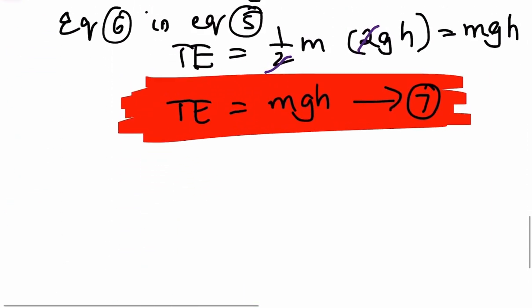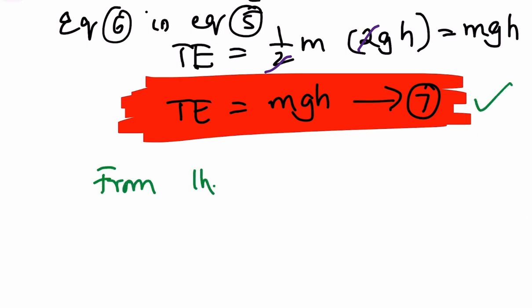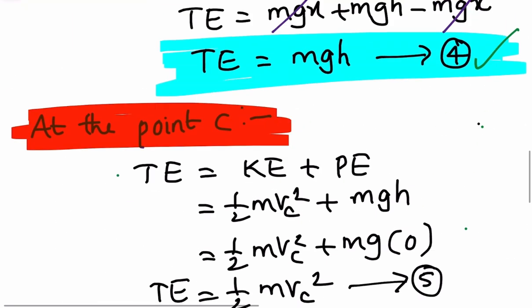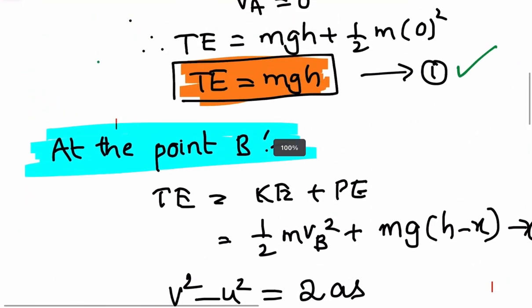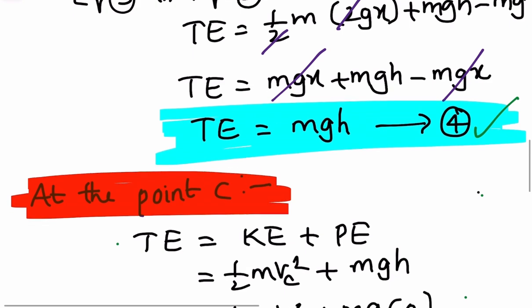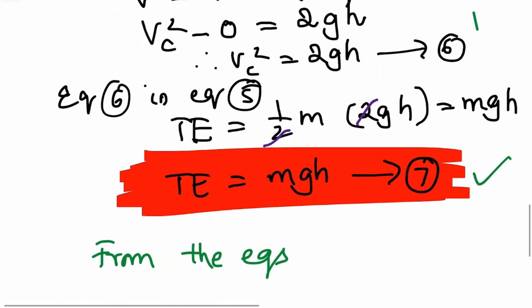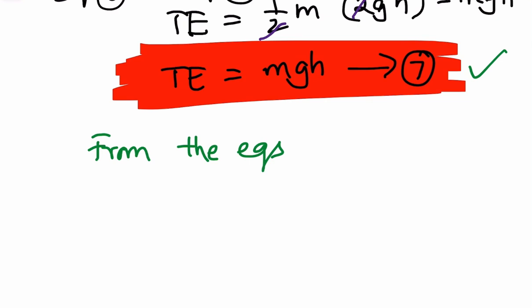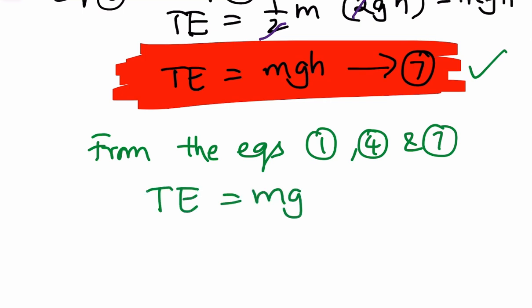So from these equations, equation number 1, equation number 4, and equation number 7, we can conclude that total energy is mgh. That means at the 3 points we have shown that the total energy is same. Therefore, our law of conservation of energy is verified.